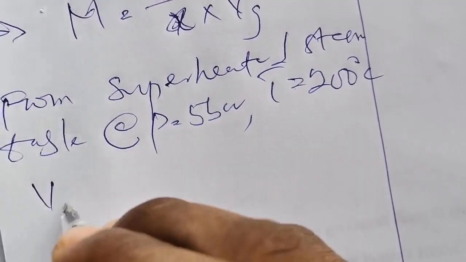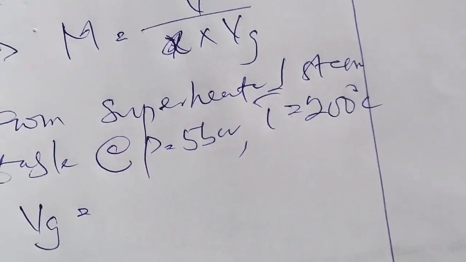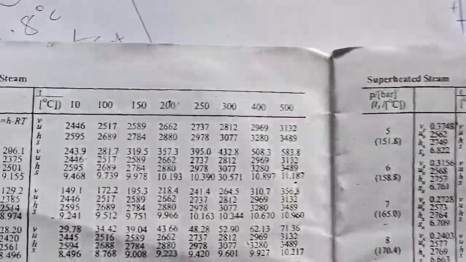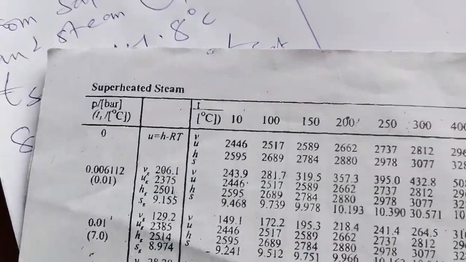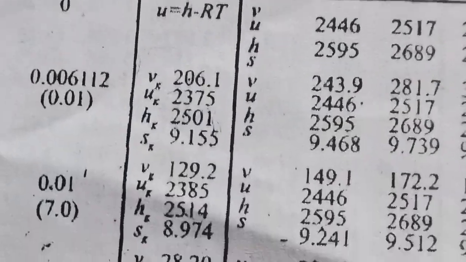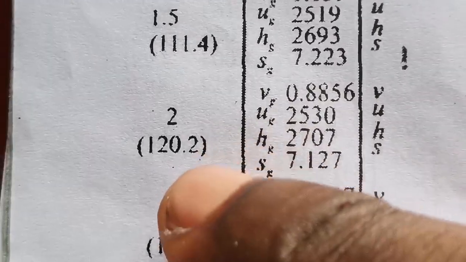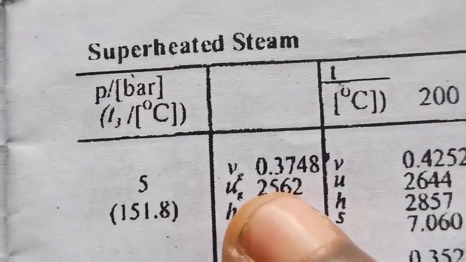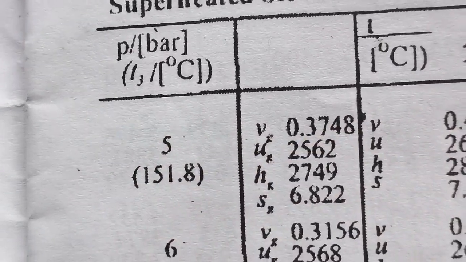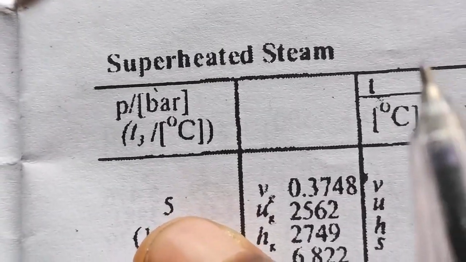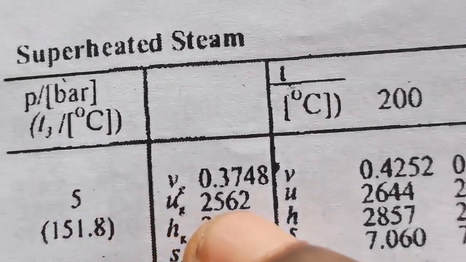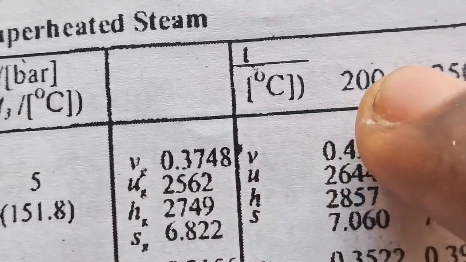So Vg is equal to, alright, let's get the superheated steam table. Corresponding to 5 bar, this is the pressure, and this is 200 degrees Celsius.